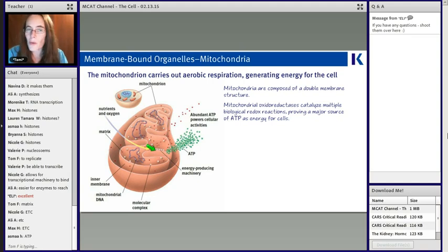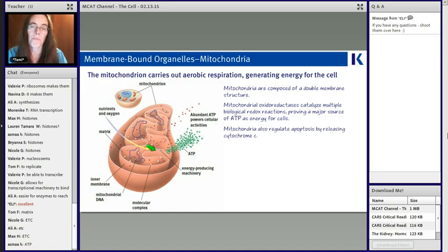We're not going to go into detail about that, but there are metabolism classes that go into very, very specific detail. This happens to be in metabolism 2. As we look at this, if I say cytochrome C, you guys should be immediately thinking about looking at the electron transport chain.